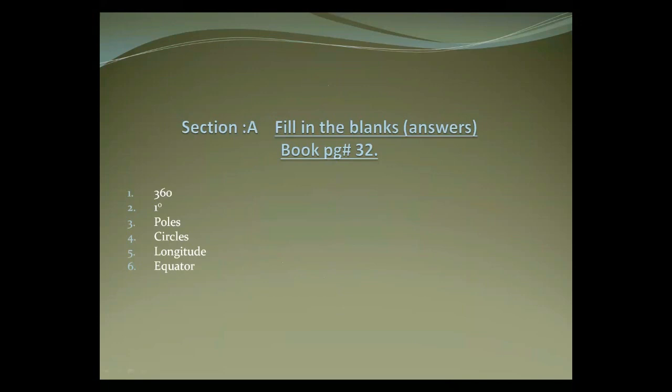The lines of longitude on the globe are, the correct answer is from the MCQs, 360 in number, and it is also shown on the screen, on the slide. You can easily take a screenshot. Each meridian is equal to 1 degree.